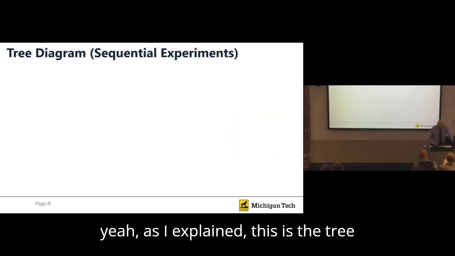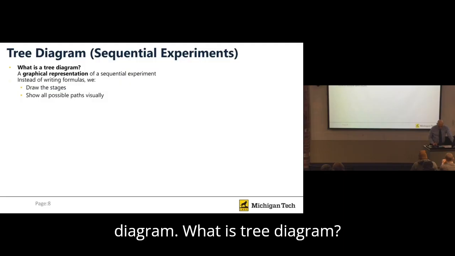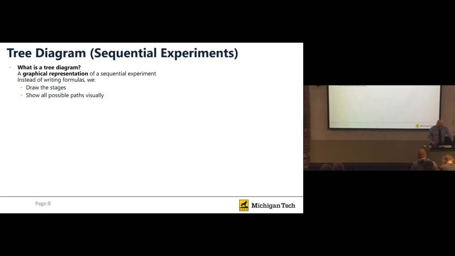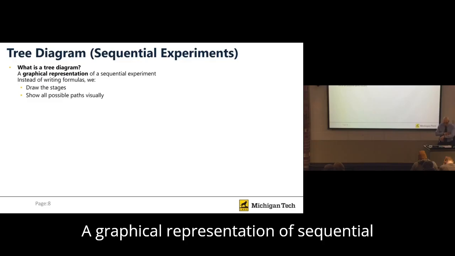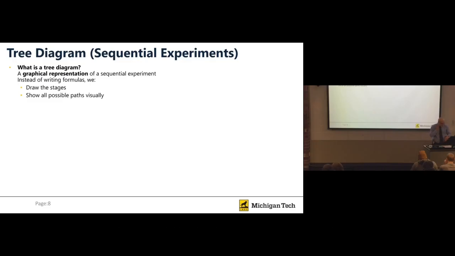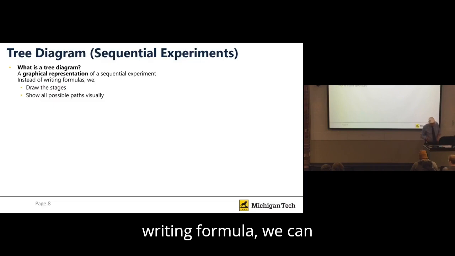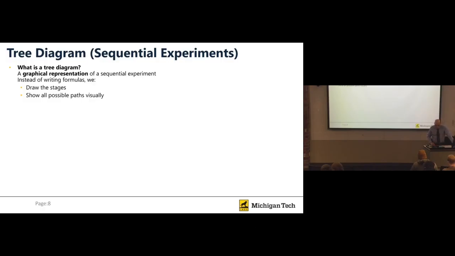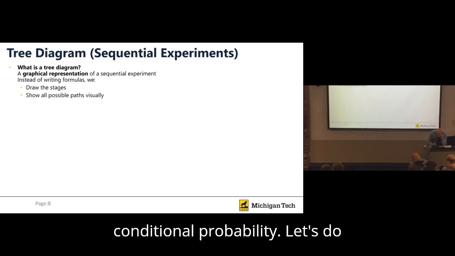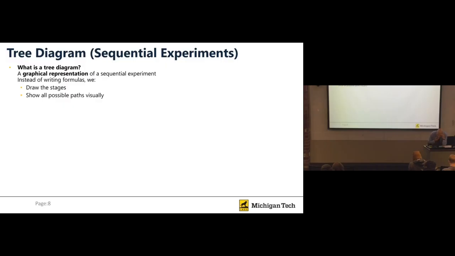Okay, as I explained, this is the tree diagram. What is a tree diagram? A graphical representation of a sequential experiment. Instead of writing formulas, we can draw the stages, and we can also show the paths and conditional probabilities.